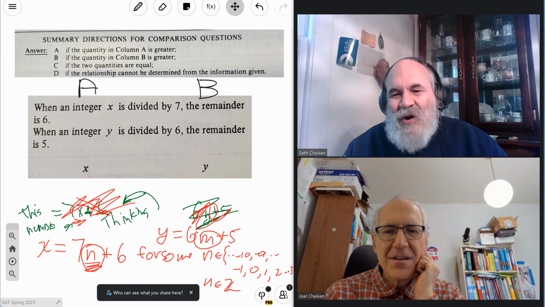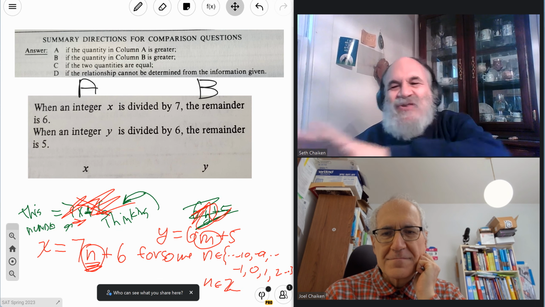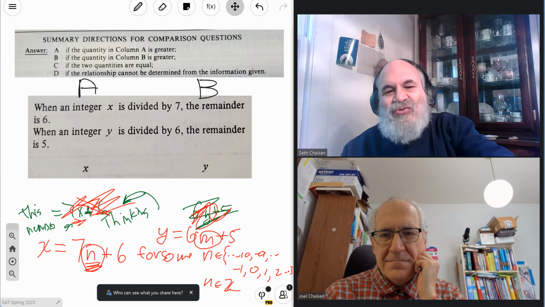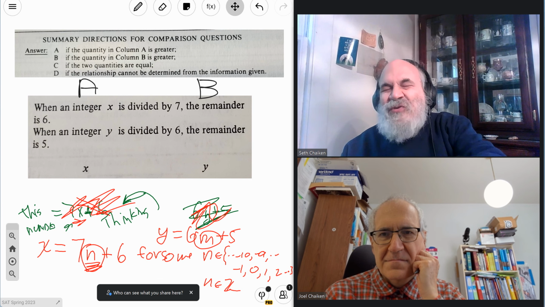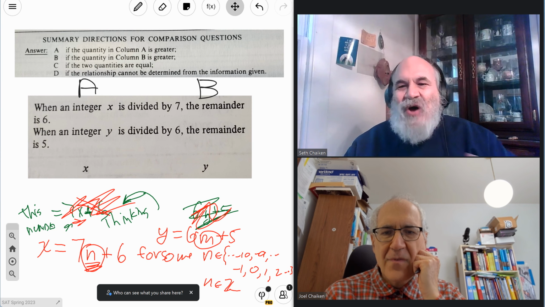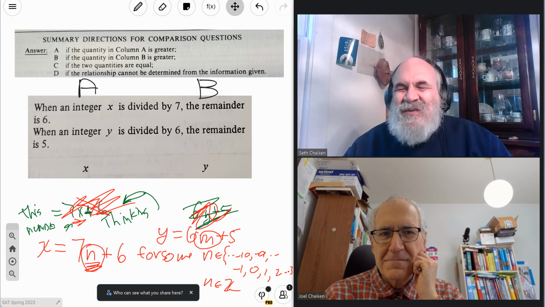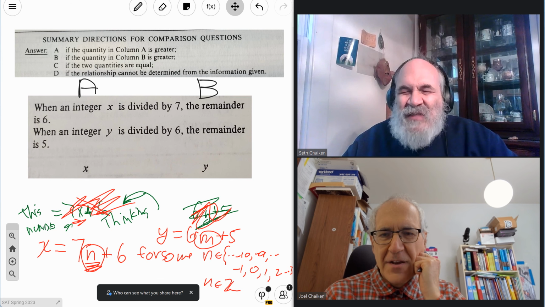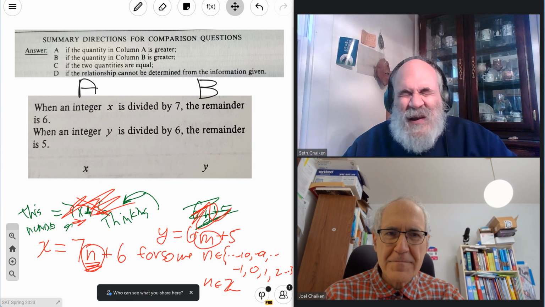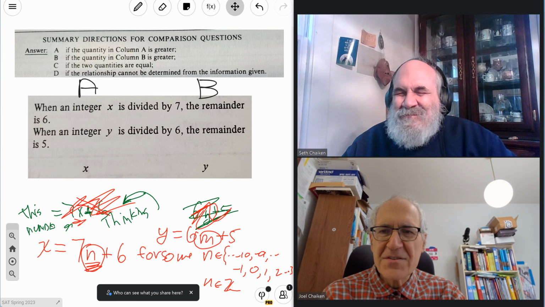By making n and m range over the whole range of integers, you make the magnitudes of x and y very big or very small independently. There's no way to predict a comparison of whether x and y are less than, equal, or whatever. So the answer is D.